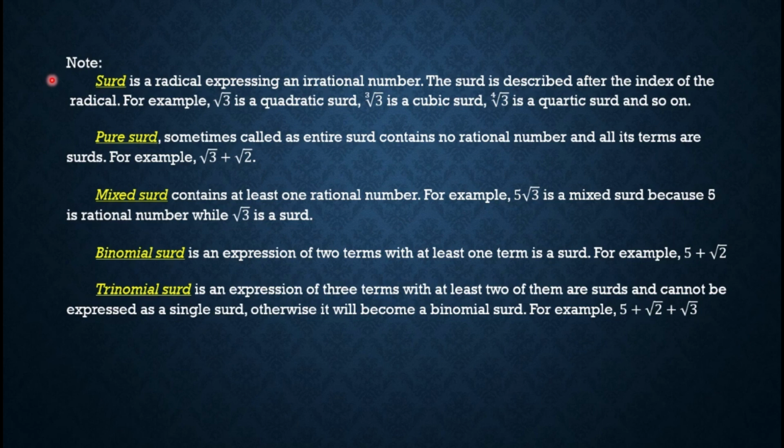Another term, trinomial surd. It's an expression of three terms with at least two of them surds and cannot be expressed as a single surd. Otherwise, it will become a binomial surd. For example, 5 plus square root of 2 plus square root of 3. So that is called the trinomial surd because they have three terms.